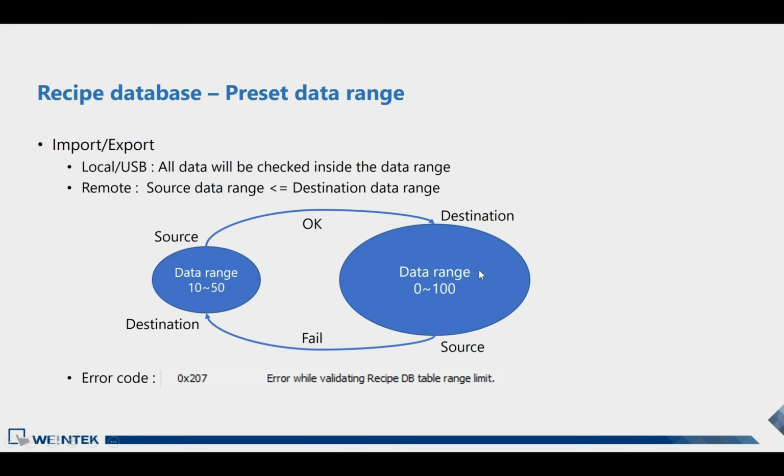So the transfer in both directions will be okay for the applications. Okay, so this is the special judgment for the import export features in the recipe database if both sides have the preset data range.